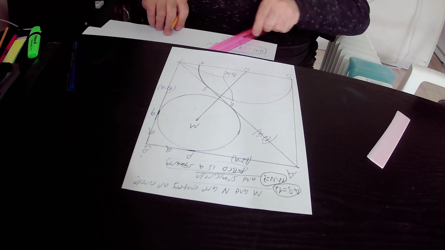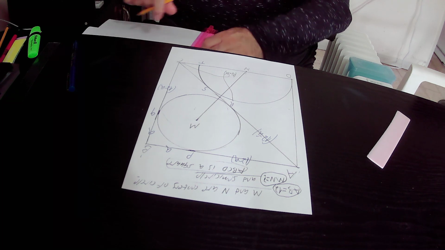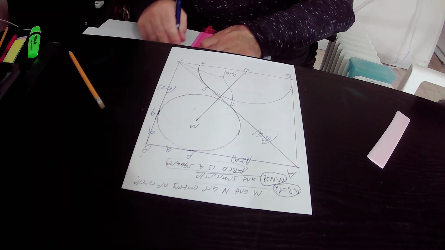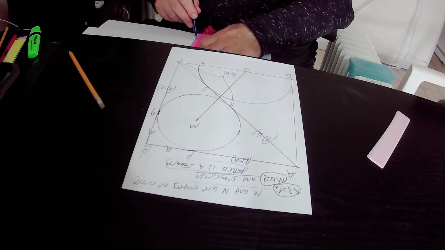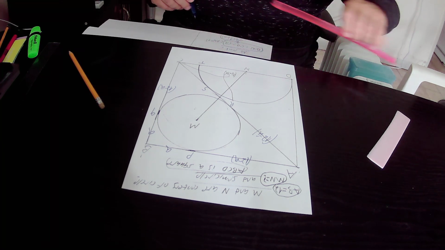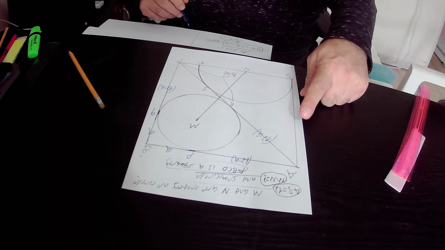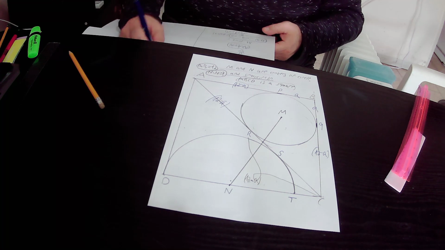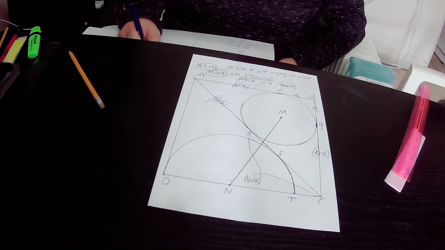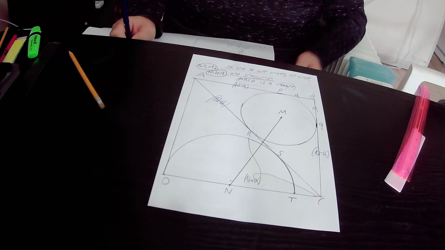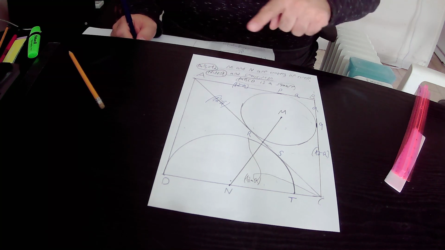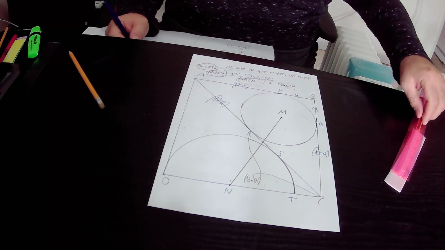Again, if we focus on point A, from the external point A we have two tangents to the semicircle.